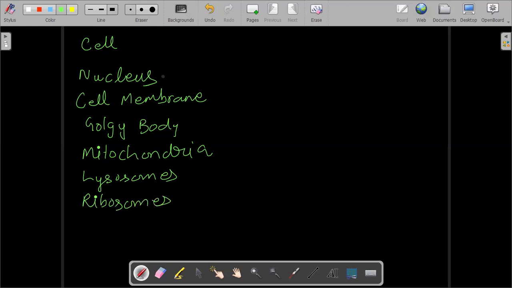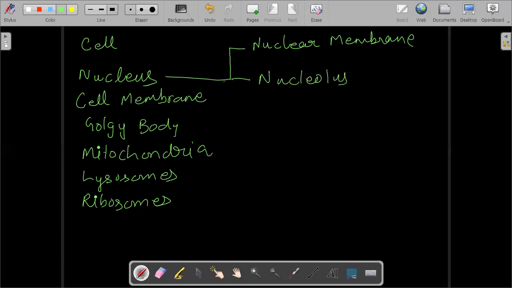So in the nucleus, we had seen that the nucleus consists of the nuclear membrane, nucleolus, nucleoplasm, and chromatin fibers.